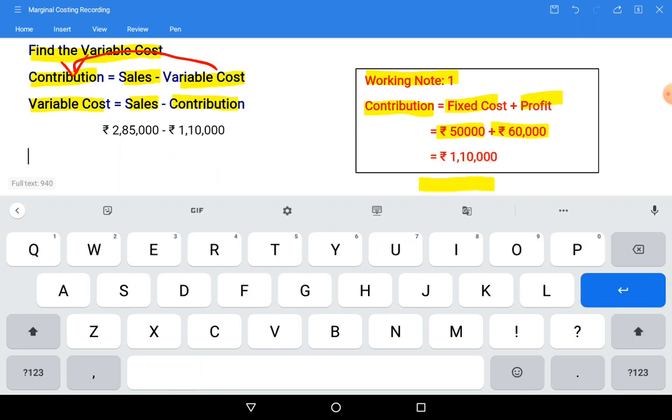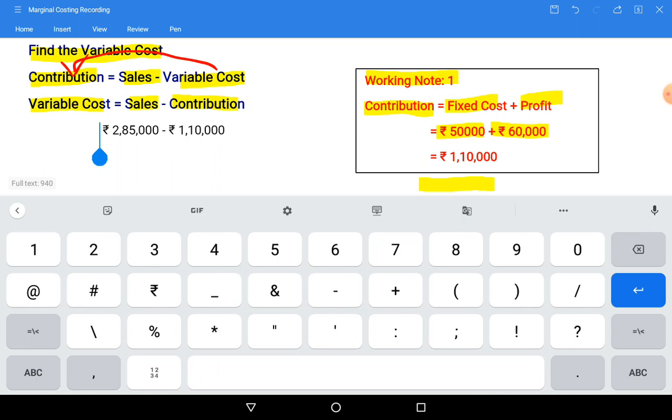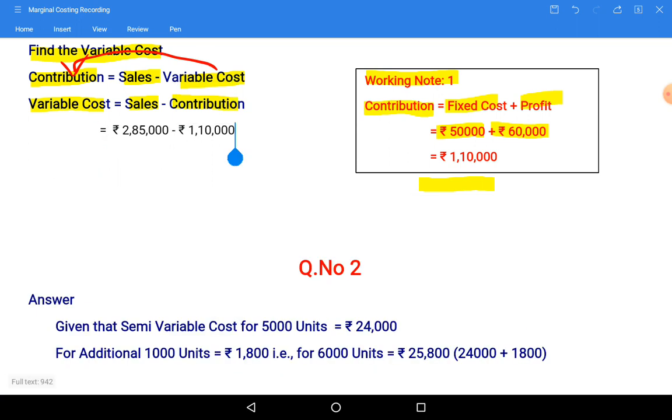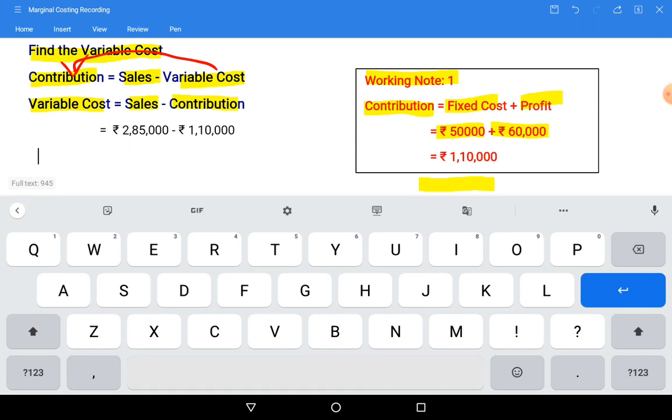So now we can easily do 2,85,000 minus 1,10,000.